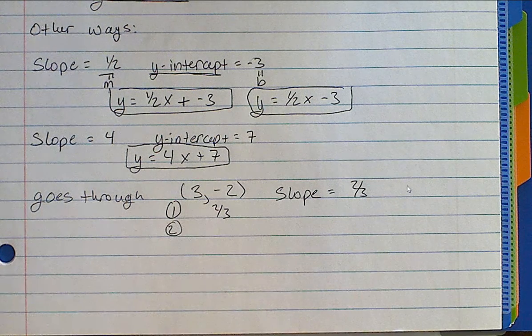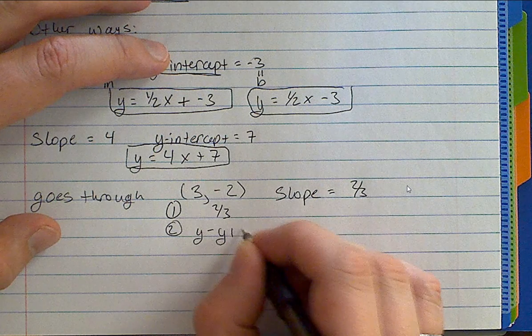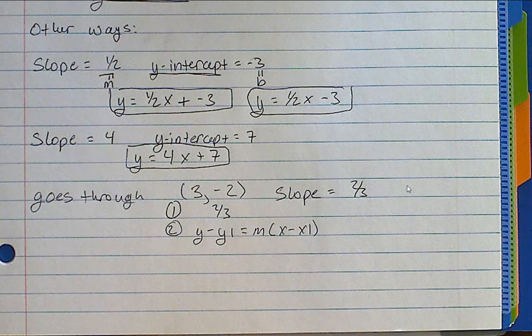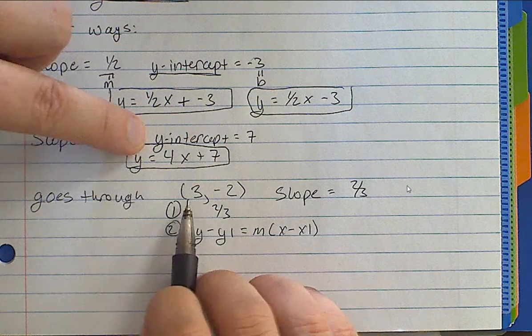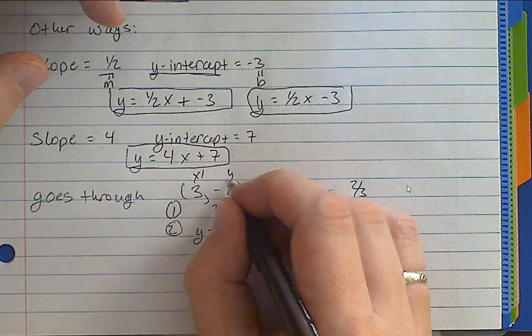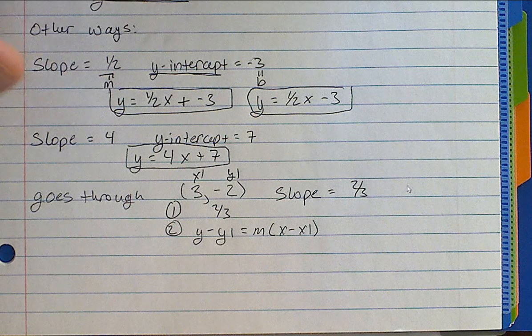Step number 2 is using that formula I gave you, which was y minus y1 equals m times x minus x1. Now, since this is the only point I have, this is x1 and this is y1. Only point I have, no ambiguity to it.